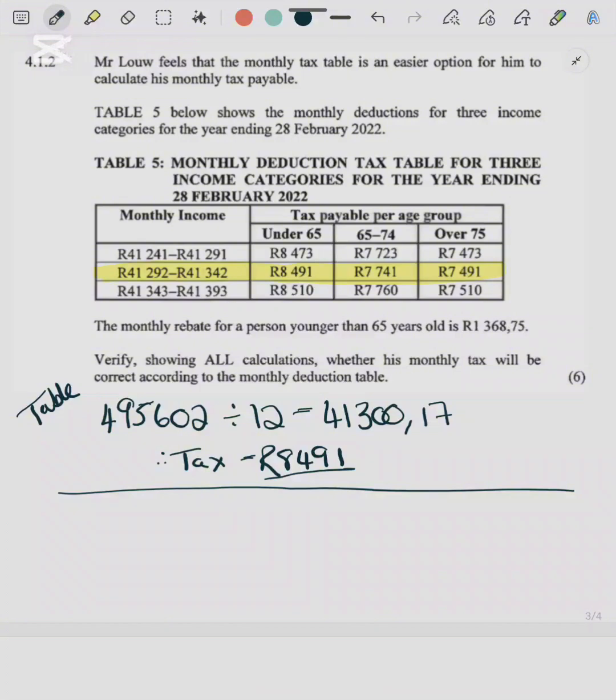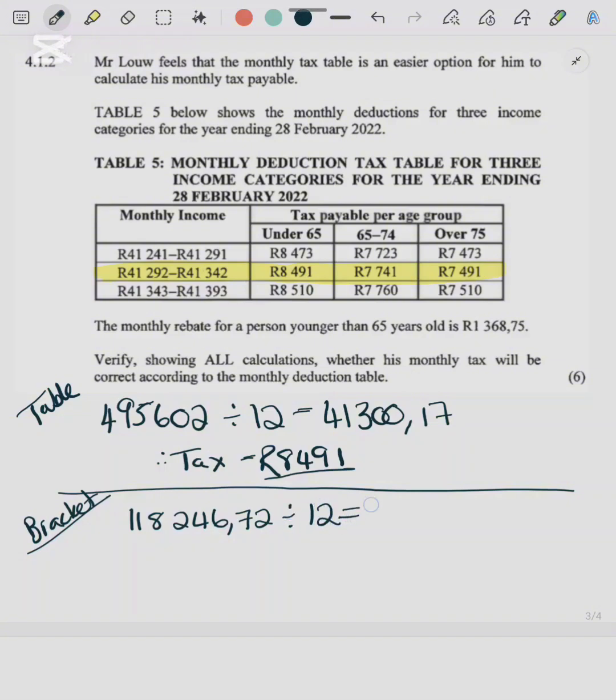We need to see what if we did the bracket, because remember, the bracket is always more accurate. So the bracket, we're going to take our answer from the previous one, because we remember the previous one didn't have the rebate off, and our previous answer was 118,246.72, but that was annual, because remember, doing brackets is annual. So first we're going to need to divide by 12.